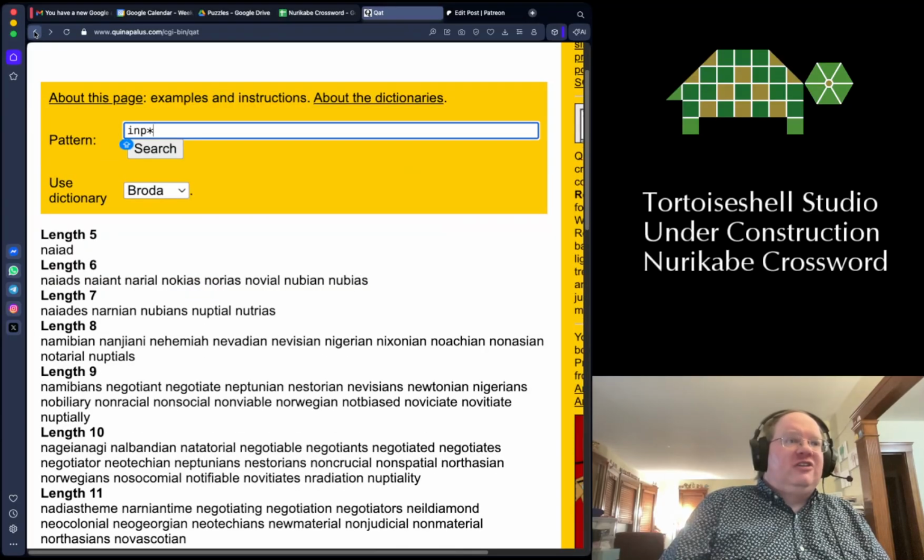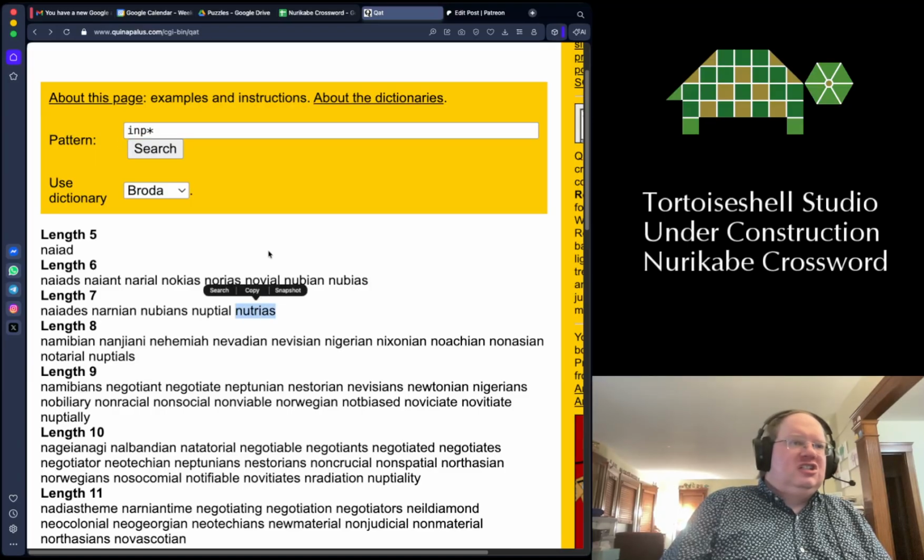So now if we go back to the ends, we could have nutria and nutrient.